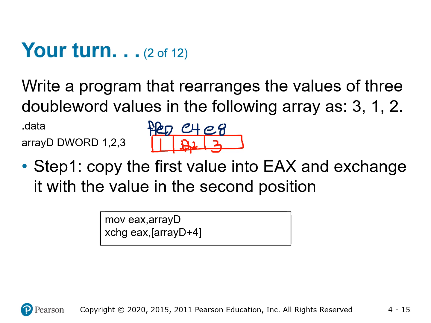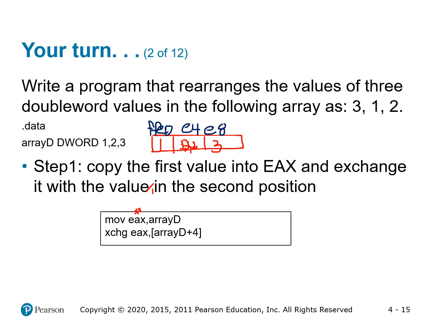So now EAX has a 1. And then array D plus 4 would be the 2, and that gets exchanged with EAX. So then the 2 will contain the 1, and EAX will contain the 2. Like that.